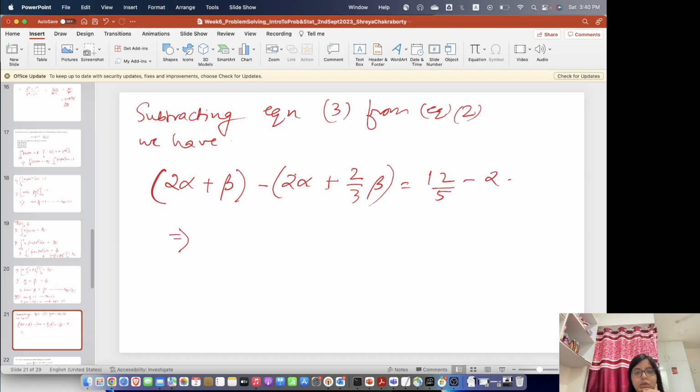So here 2 alpha cancels. Beta by 3 equals 2 by 5, which implies beta equals 6 by 5.